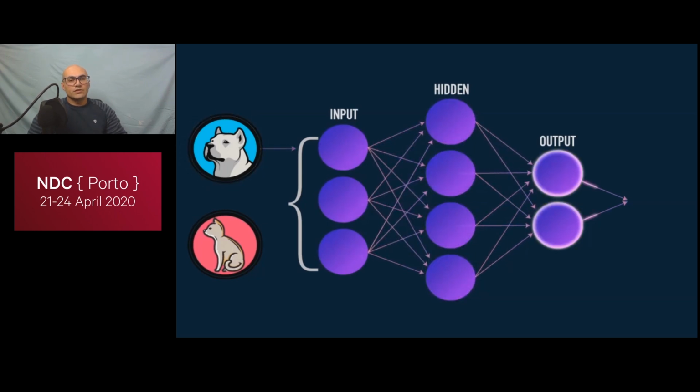Machine learning is not really complex when you look at it like this. You have a series of inputs, the data gets translated into a series of mathematical information and goes through some mathematical operations. And then at the end you get a prediction of, for example, is this a picture of a dog or a cat?